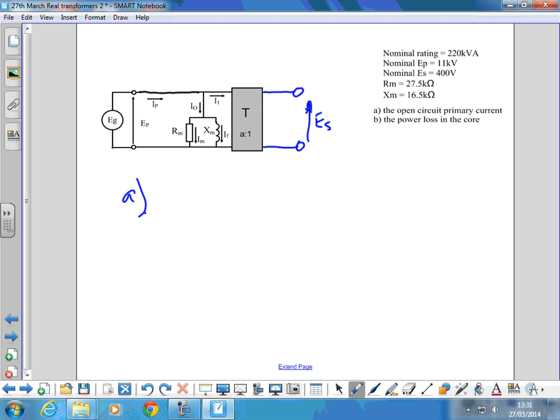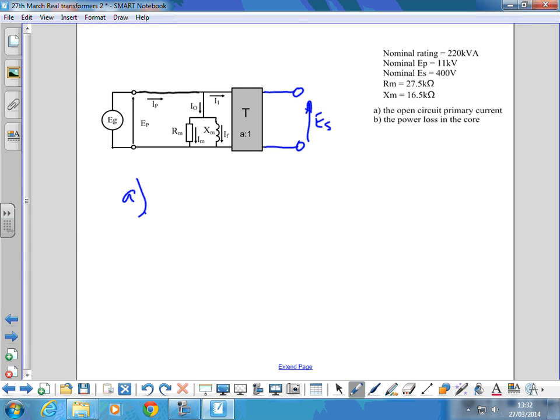That would be if all there was was R, would it? Well, what is IO made up of?